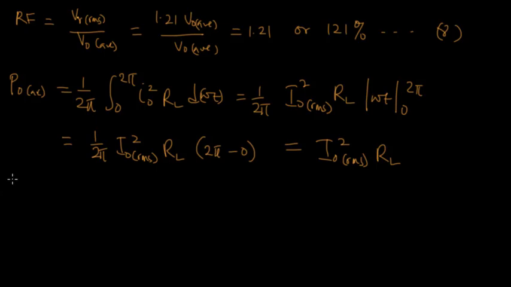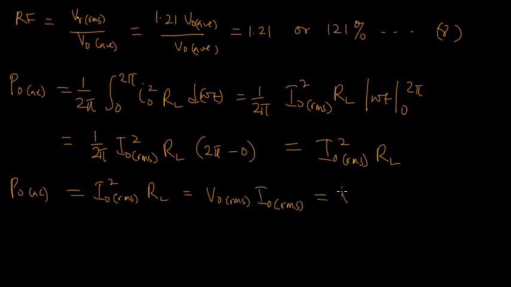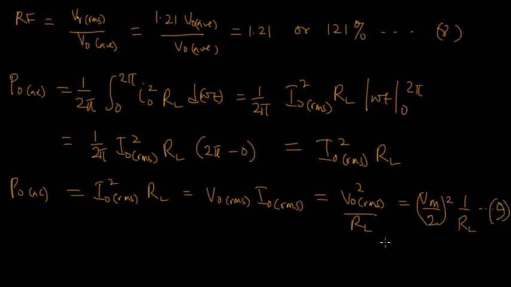So our AC output power, P out AC, is equal to I out RMS squared RL, or V out RMS times I out RMS, or V out RMS squared over RL, which is the same as Vm over 2 all squared times 1 over RL. We call this equation 9.